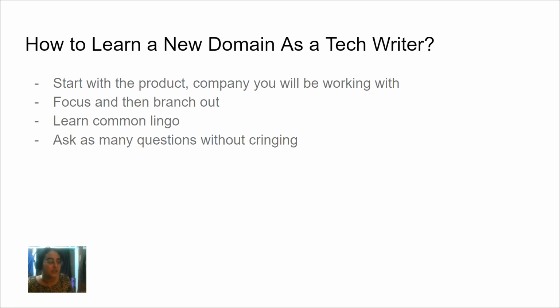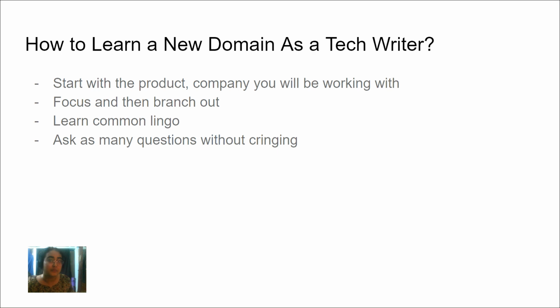In my case, the best thing that worked was starting to learn the product itself. Often, if you start focusing on what the product can do and what it cannot do, you will end up learning a lot about the domain. To learn the basics of the domain, you can start with some of the common terms that are often used while using the product. Let's say an engineer gives you a demo of the product.